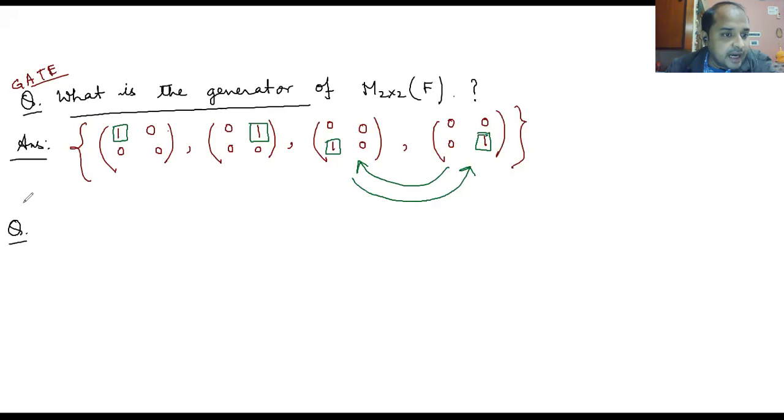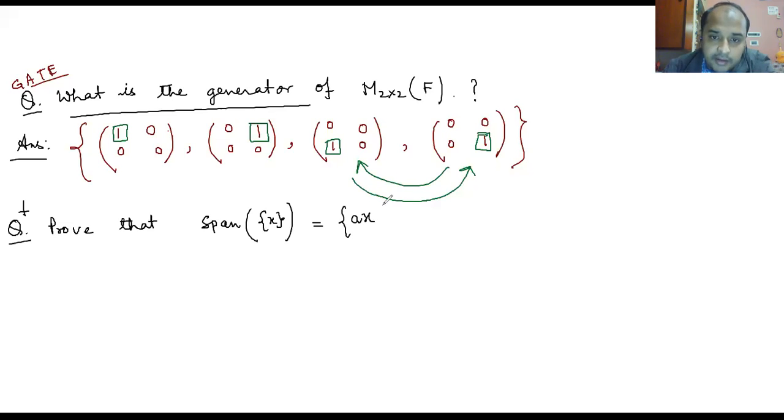And there is a dagger problem, you see. The problem says: prove that the span of this set is equal to {AX, where A belongs to F}, for any vector X in a vector space.